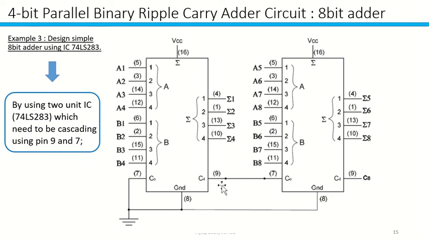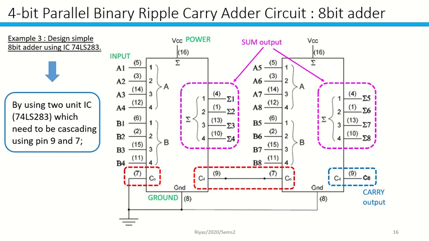Pin number 9, the output of C4, you need to cascade with the input of Cin, which is pin number 7 over here. So this is how you have the inputs: the first 4 bits of input A, the second 4 bits of input A, and here B1, B2, B3, B4, B5, B6, B7, B8.